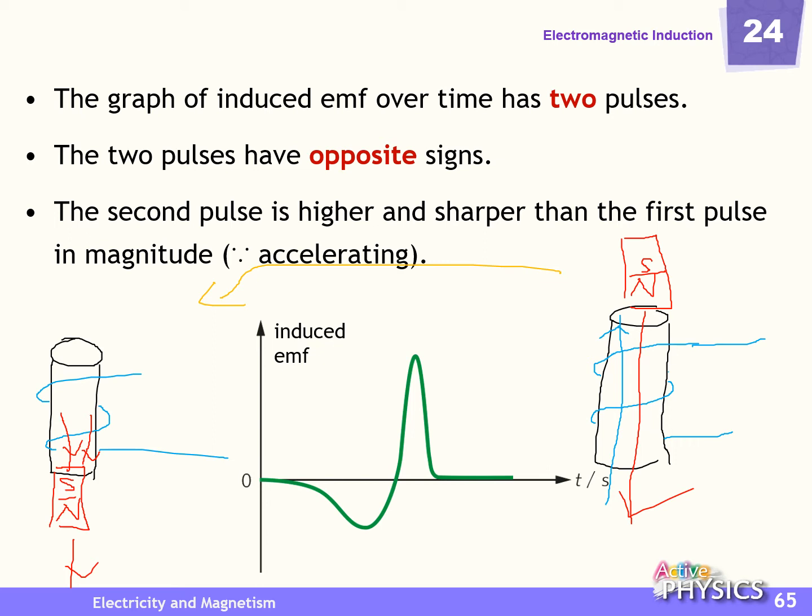So the solenoid will create some magnetic field lines pointing down. Again, when the magnet is moving away from the tube, less and less field lines point down, so the solenoid creates field lines pointing downward.